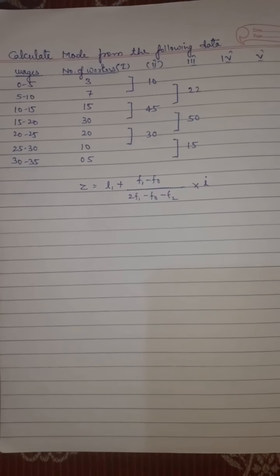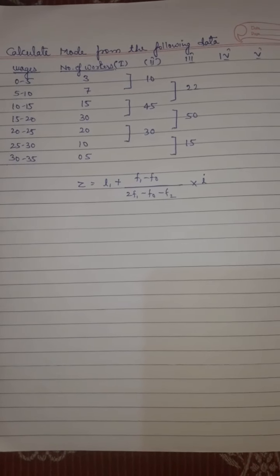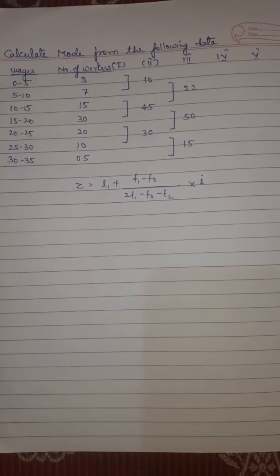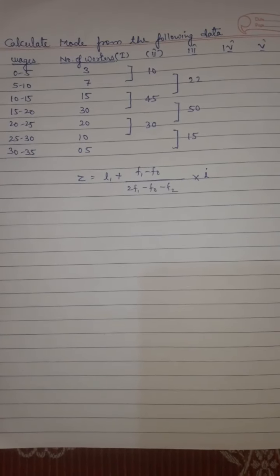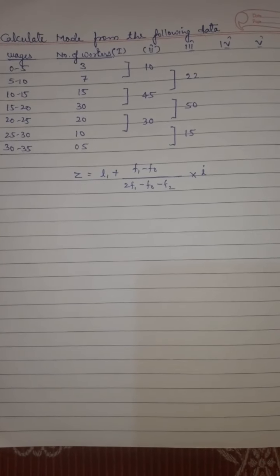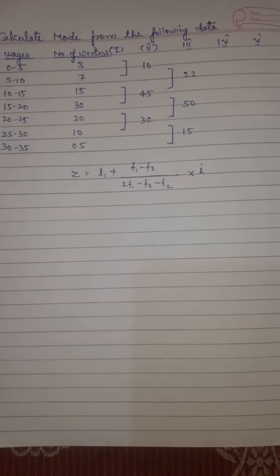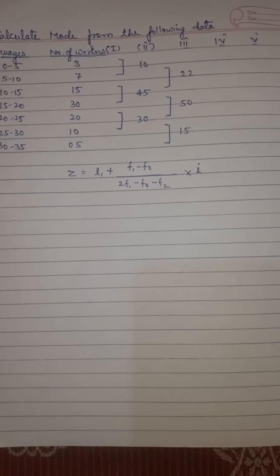For more clarity, kindly look at the loops which I am making. Now 7, 15, 30, 20 and 10, 5 are the pairs. The sum total of 7 and 15 is 22, 30 and 20 is 50, and 10 and 5 is 15. So our third column is completed.